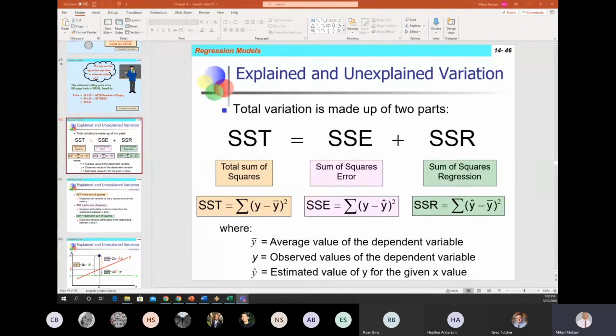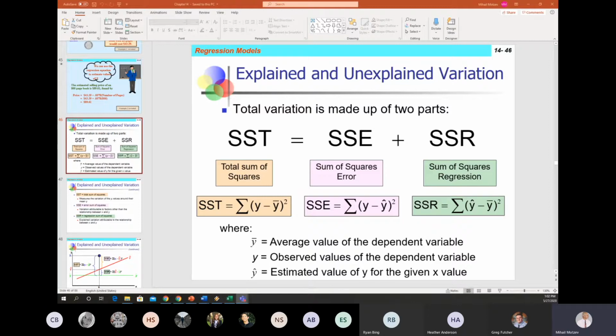Because we analyze the difference, variation is presented as the sum of squared errors divided by the sample size or the population size, and we analyze the total sum of squared differences.